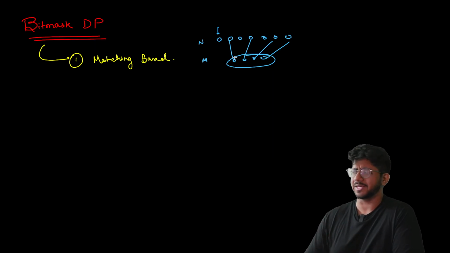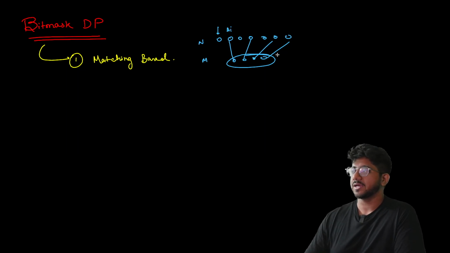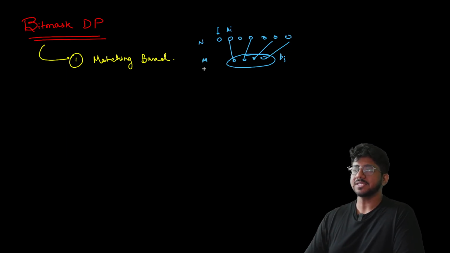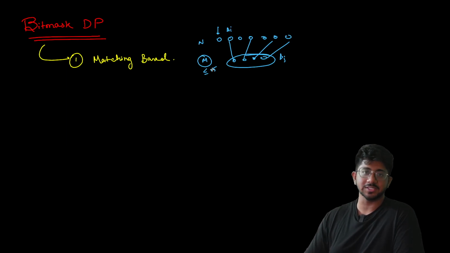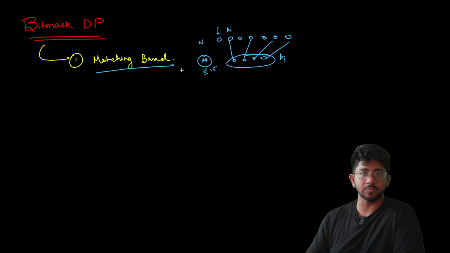And you will get a certain score if A of I and B of J are matched together, right? Things like this. So there is some sort of matching. And in such problems, generally one of these constraints is low, like 15 or 10 or things like that, so that we can maintain the set that has already been matched in our mask. So that's called matching based DP Bitmask problems, okay?